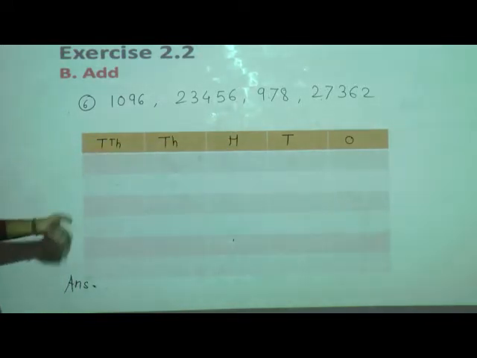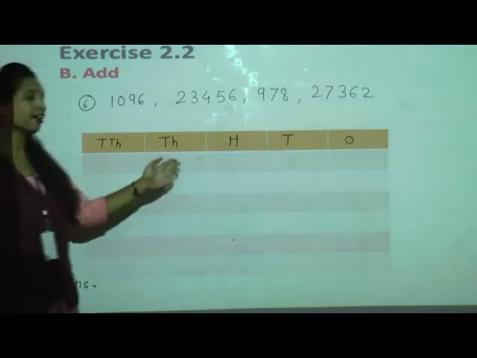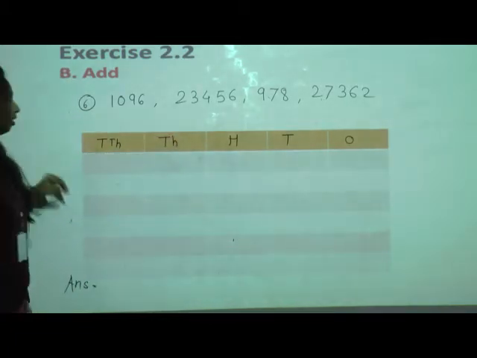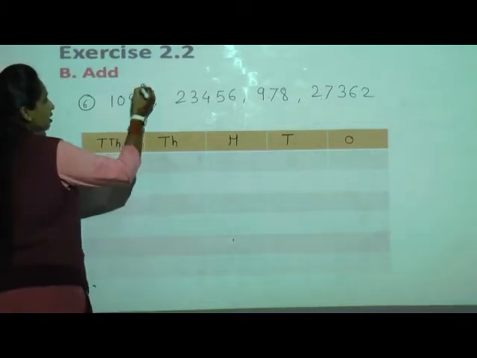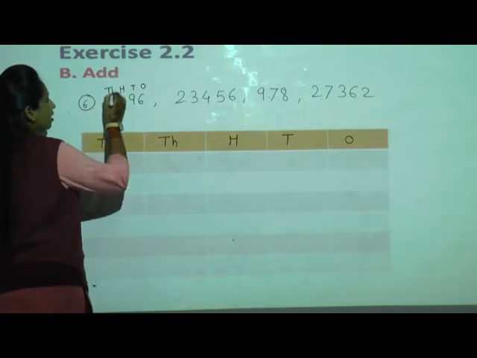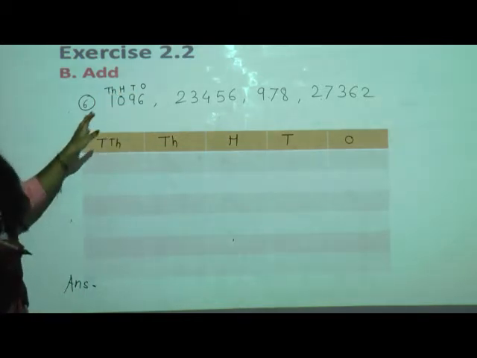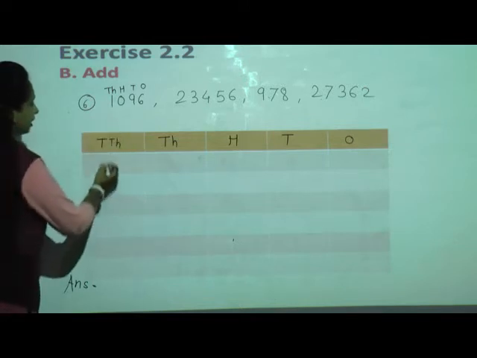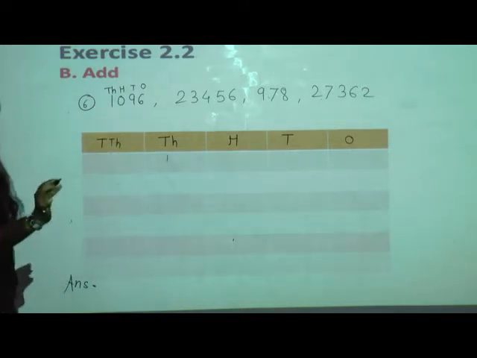So just make a place value chart of 5 digits: ones, tens, hundreds, thousands, ten thousands. See, what you can do, students, give the place value to each number. You can do it in your mind also, but if you start writing from here without doing that, everything will go wrong.